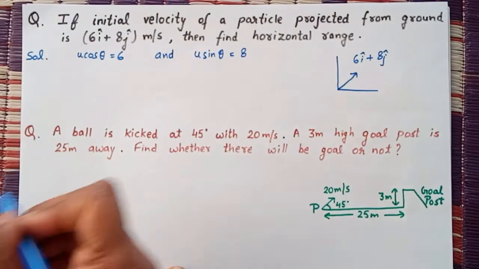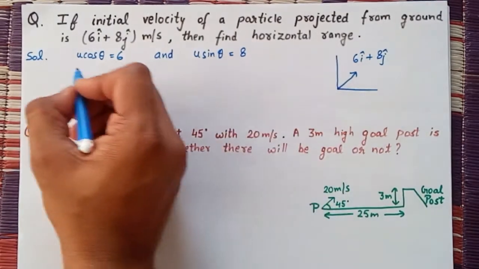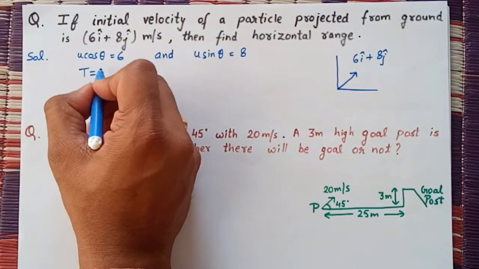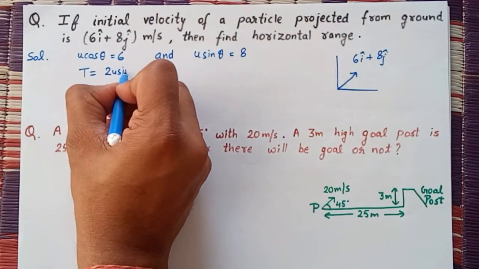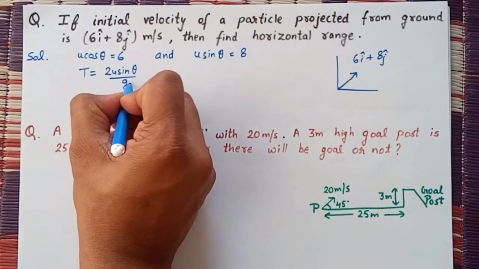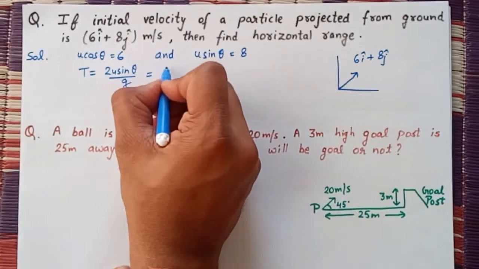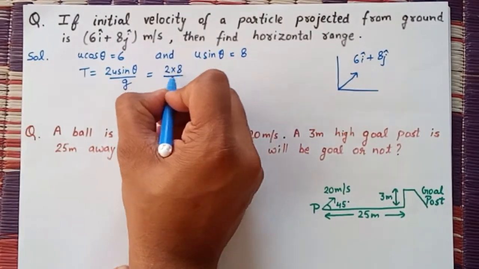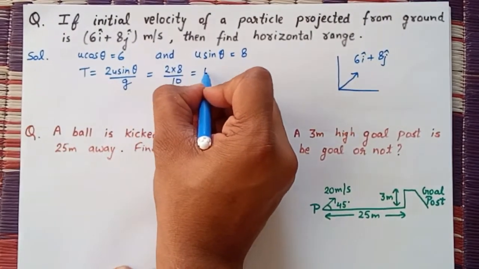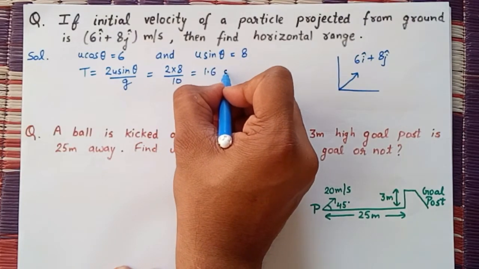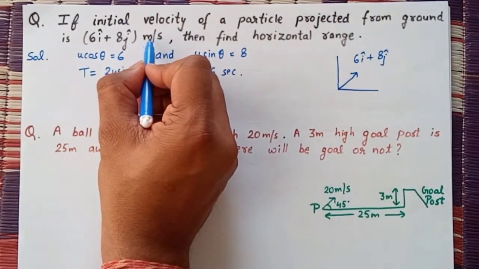Now, what is time period capital T? It is 2u sin theta by g. So what is u sin theta? It's 8. 2 into 8, taking g as 10, I will get 1.6 seconds, as it was given in meter per second.